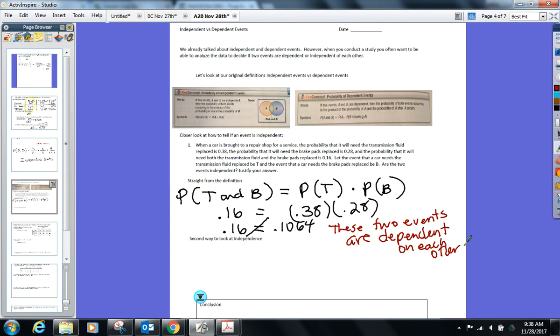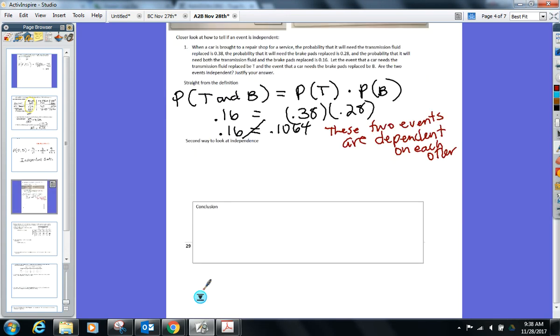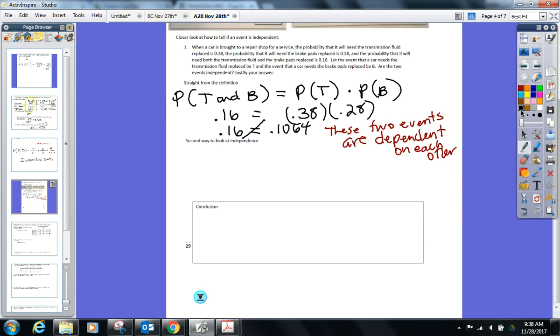Because the probabilities didn't come out to be the same. If they came out to be the same, they would be independent of each other. That's not the way I want to look at it, though, today. I want to look at a second way to show that they're independent.